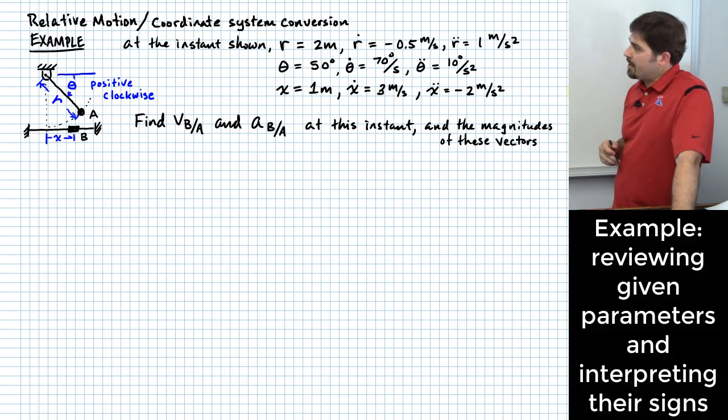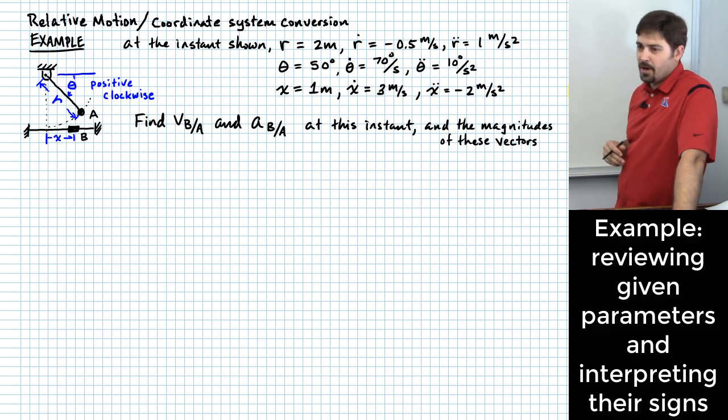The last thing we've got is that there's a little collar that is sliding on a rod. The little collar I've labeled B down there. That rod is horizontal, and the position of the collar relative to a position directly below the pivot point for the particle is described with variable x. x is equal to 1 meter. x dot is 3 meters per second.